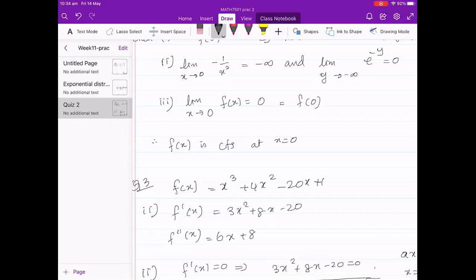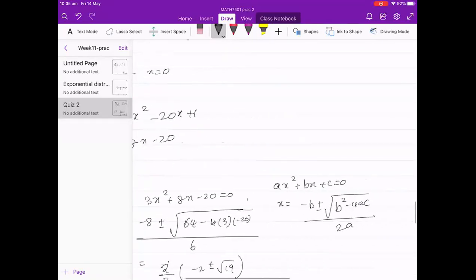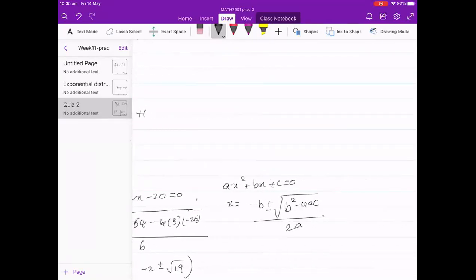The discriminant is positive, so real solutions exist. What do you do to find the solutions? Yeah, you would use the quadratic formula.